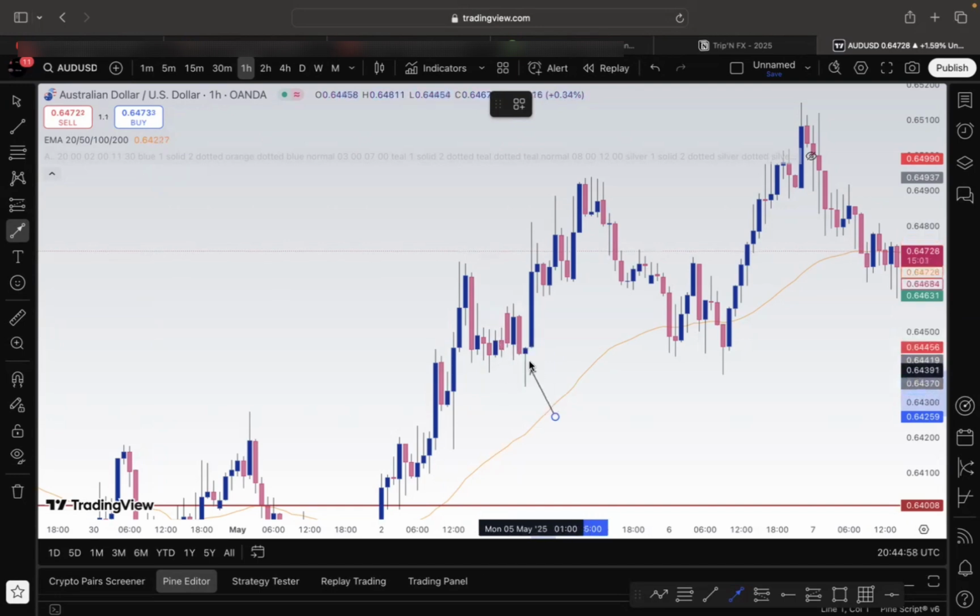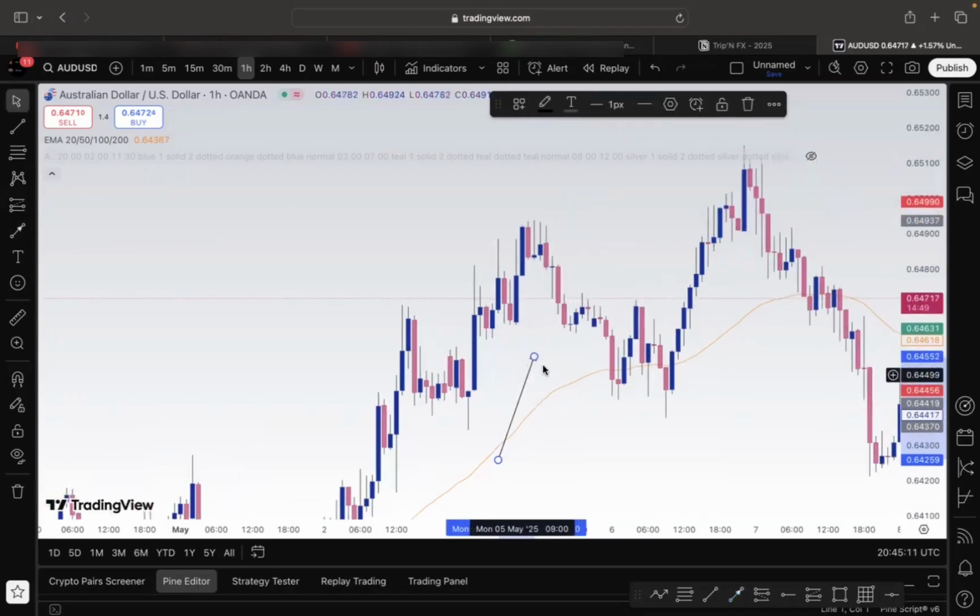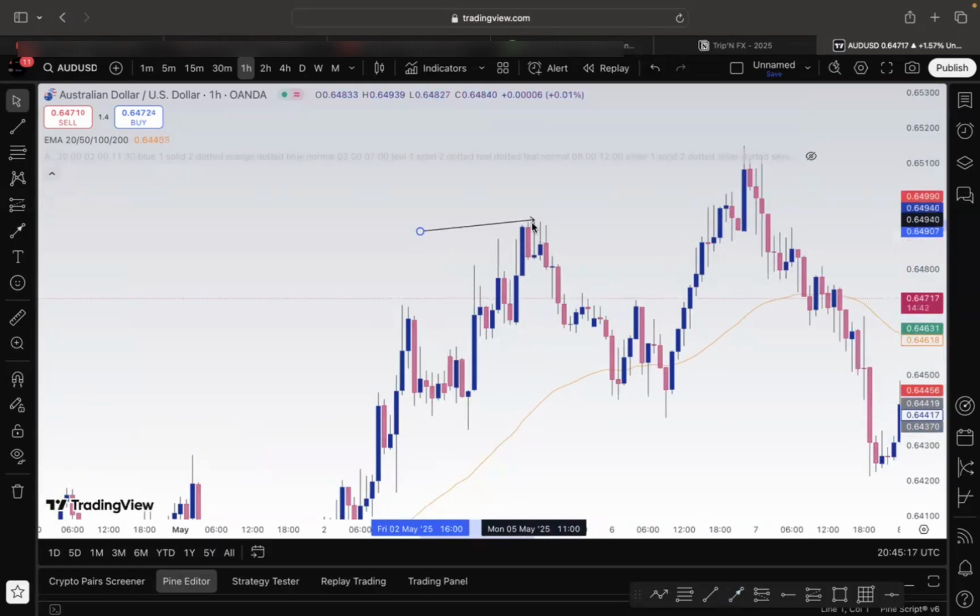So what happened right after this candlestick formed was massive bullish pressure, and it continued. Let's see if there's another one. And then there's even a bearish candle here. So this is the same thing: the price came down, went up, came down.